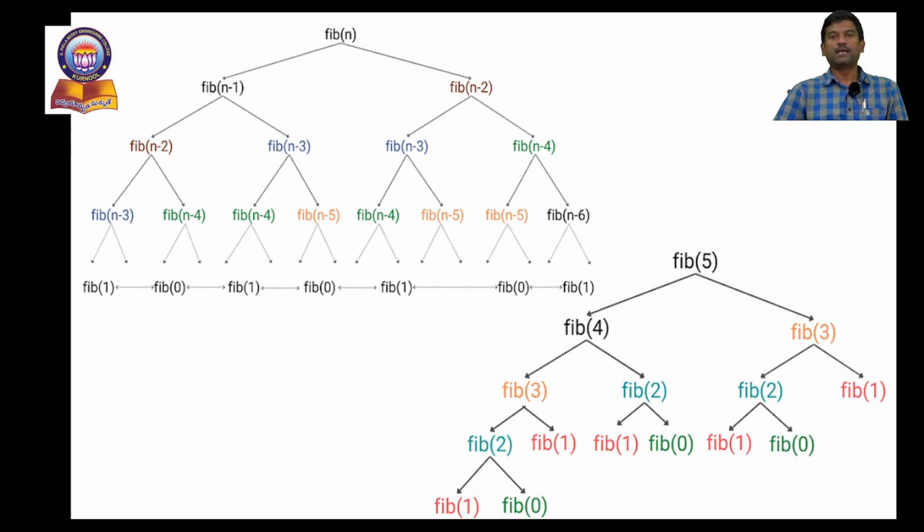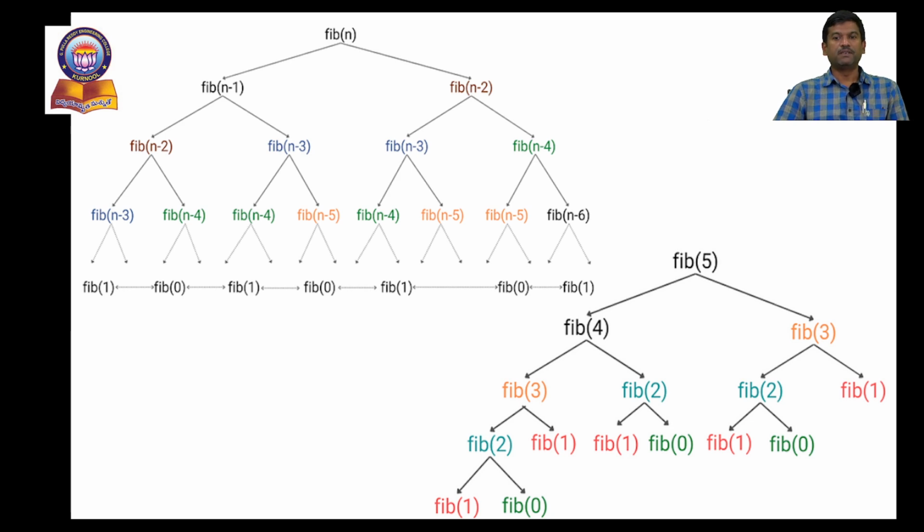At this stage, you don't have to compute again what Fibonacci of 1 and Fibonacci of 0 are, because we have already found the solutions for Fibonacci of 1 and Fibonacci of 0.